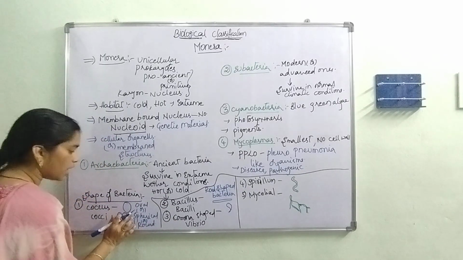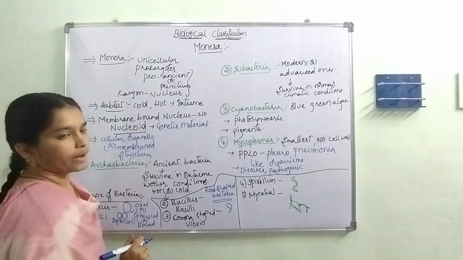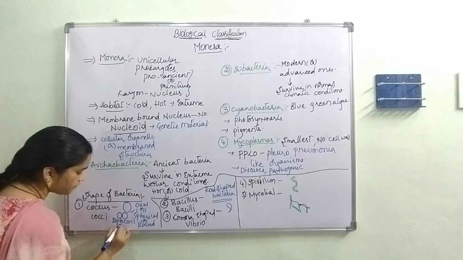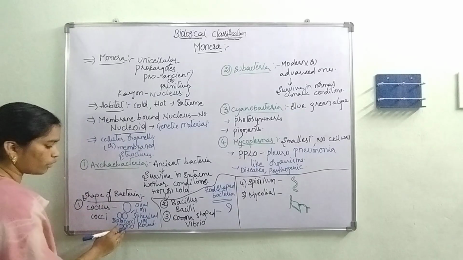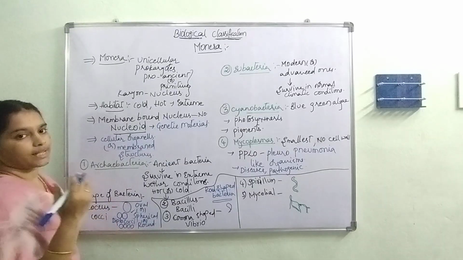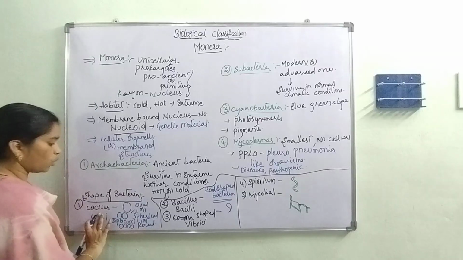If it is a single one, it is monococcus. Four round shaped bacteria together are called tetracocci. Next is sarcina, and these are the shapes of cocci.